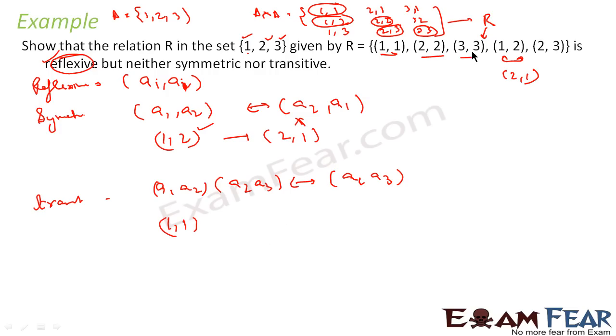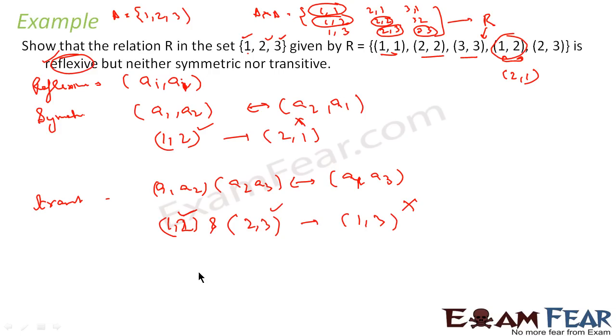We can take this one: we'll take (1,2) and (2,3). So (1,2) exists, and for the number starting with 2, we take (2,3); (2,3) exists. So we merge this, you get (1,3), and (1,3) doesn't exist. So this statement is falsified here: (a1, a2) exists, (a2, a3) exists, but (a1, a3) is not there. So this is not transitive.